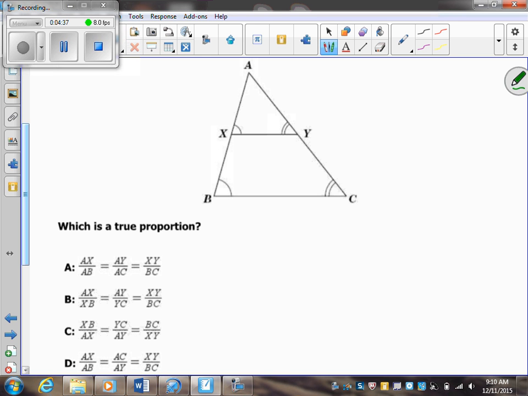They went from AX, then they do XB, which is perfectly fine. AY over YC, then they said XY, which is this side, to this side. So this is not going to be congruent. This too can be proportional because once I know the corresponding angles are congruent, that ends up being parallel, so it cuts the proportional parts.